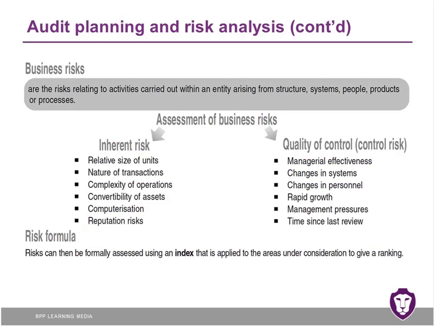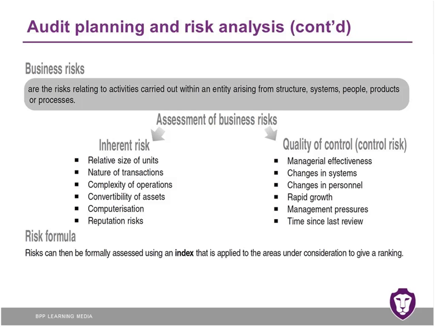What we need to be clear about now is that we talked about business risks. This is what we're talking about: the risks involved with running your business. Those risks are multifarious. They could be in the structure, the systems, the people, all sorts of things.